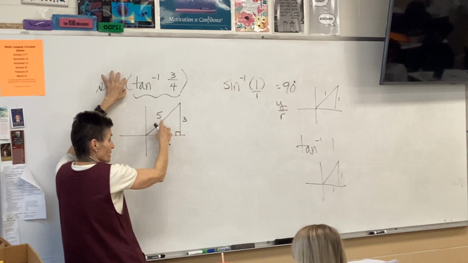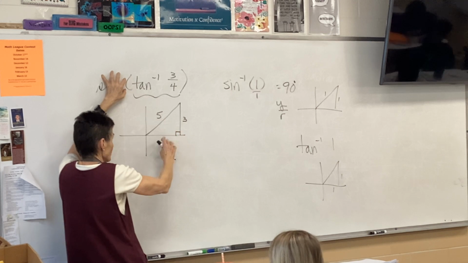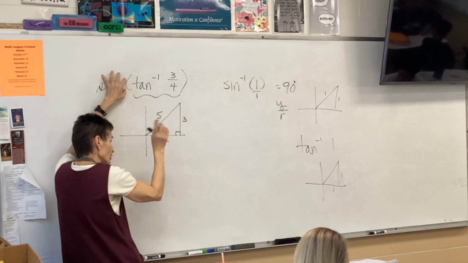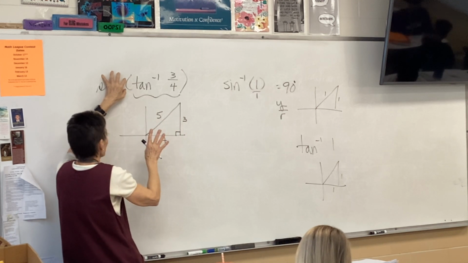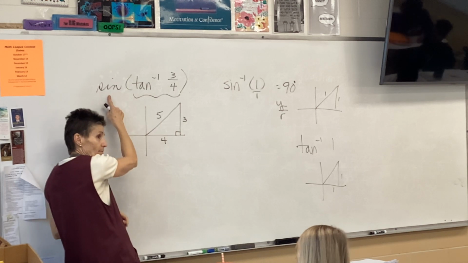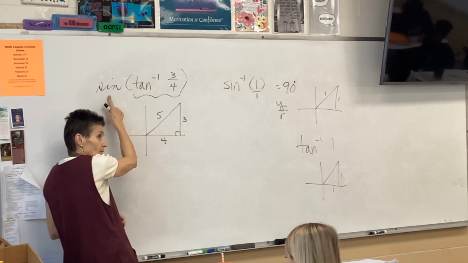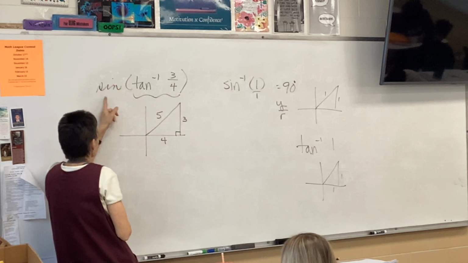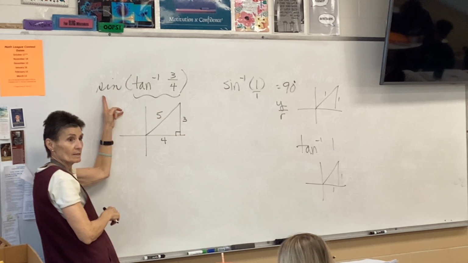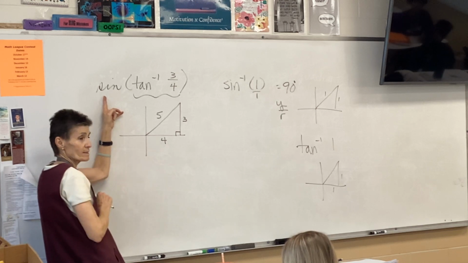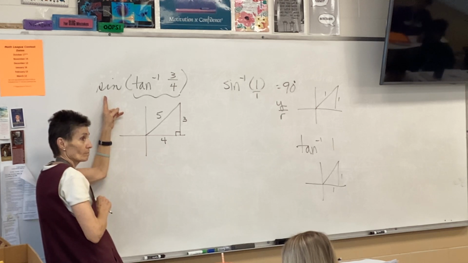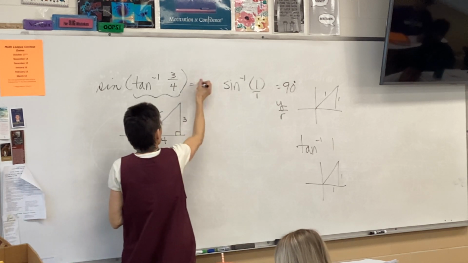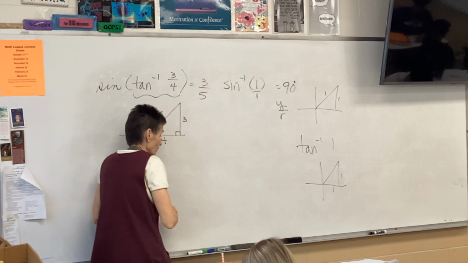This isn't a 30 or a 60 or something. These are the wrong numbers. But the good news is, I don't even care. I just need to know the sine. So this is a picture of my angle, and now I'm just going to tell you what the sine is. Okay, so what's the sine? 3 over 5. Your angle's here, so the answer to the problem is 3 over 5.